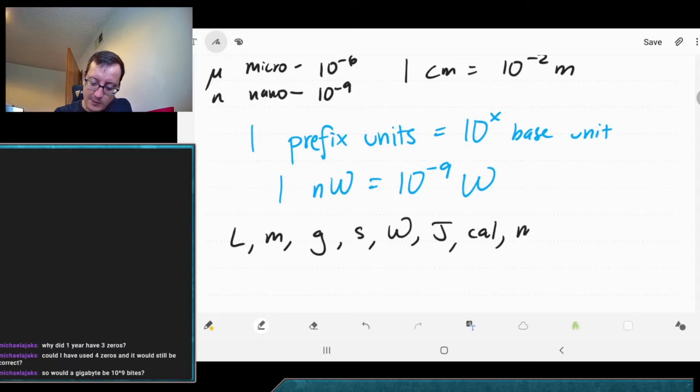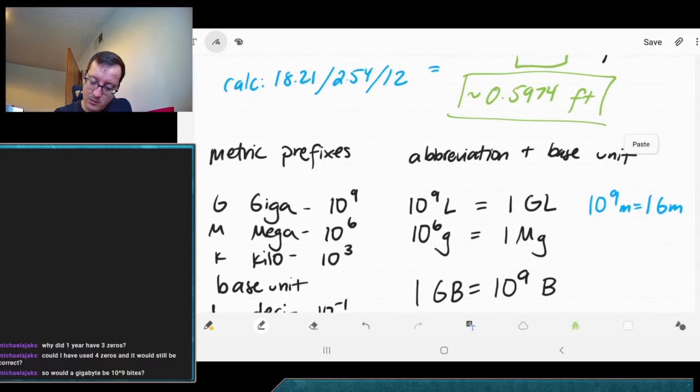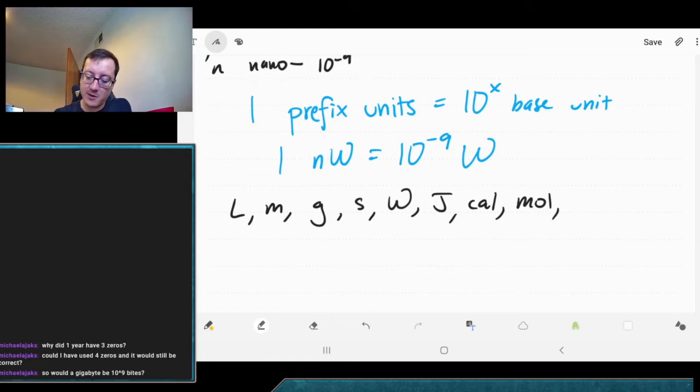We'll see moles later on. I don't know, what other units do we deal with, really? Bytes, sure, but yeah, whatever. These are common units. Base units.